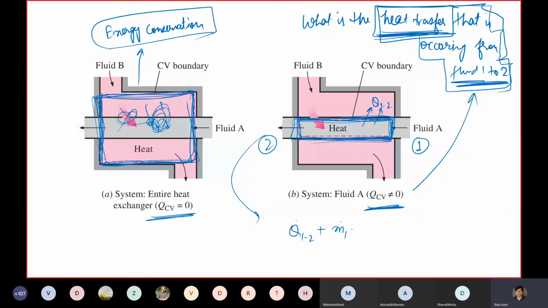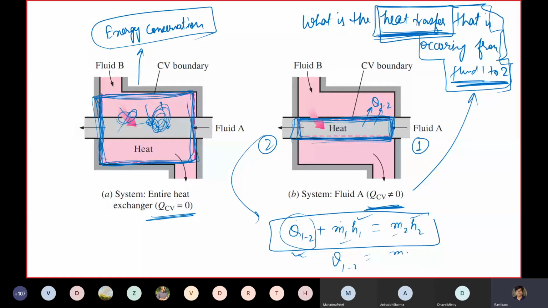You know these things, or they may be given, so you can estimate Q1 to 2 as M2 H2 minus M1 H1. This is the same heat transfer, the heat transferred from the higher to the lower fluid. And if it is asked how much heat this pink fluid retained, it is the same amount, Q21.